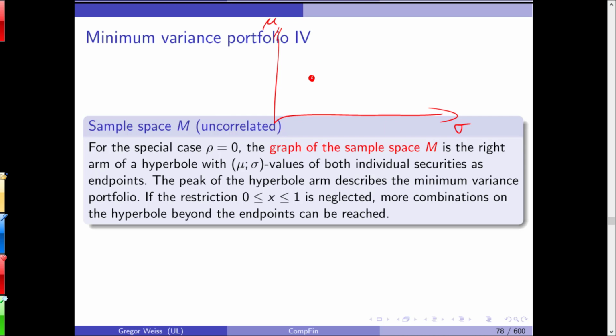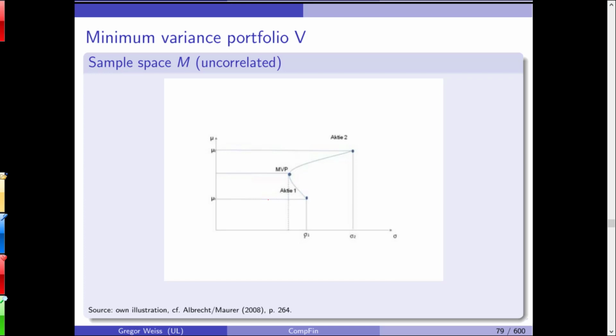Somewhere here you will have the minimum variance portfolio. And this will be the right arm of a hyperbola. And this is the set of possible solutions here. If the restriction that x is between 0 and 1 is neglected, you will also have more combinations.